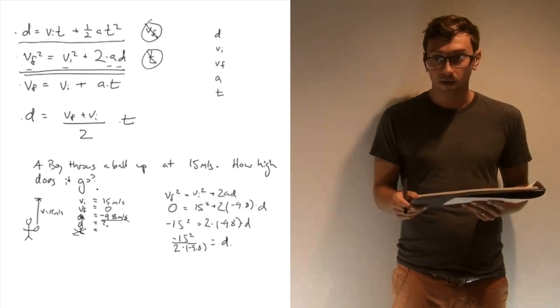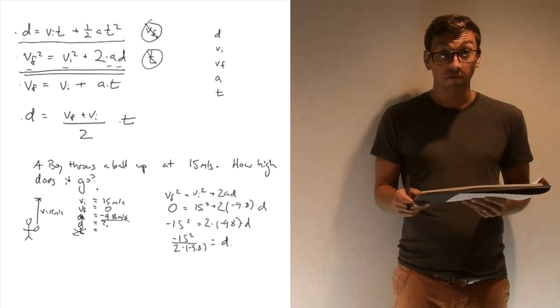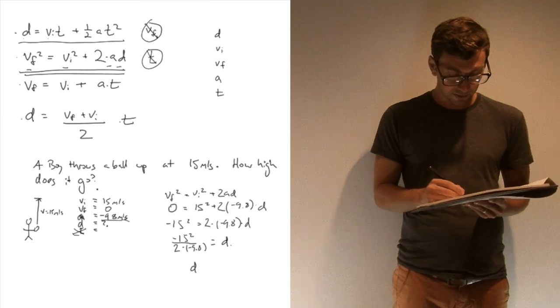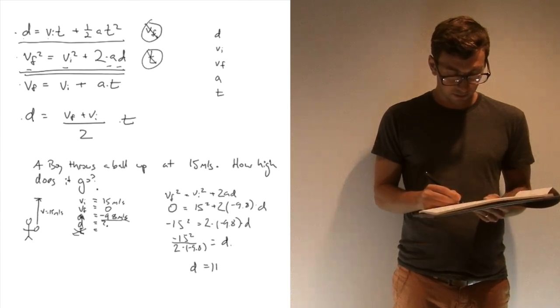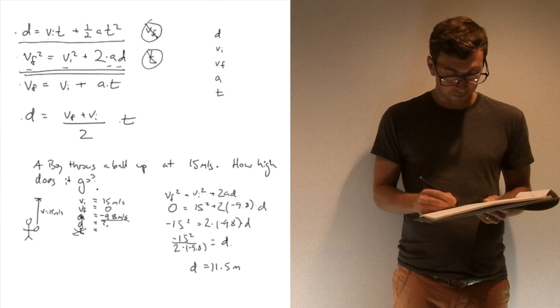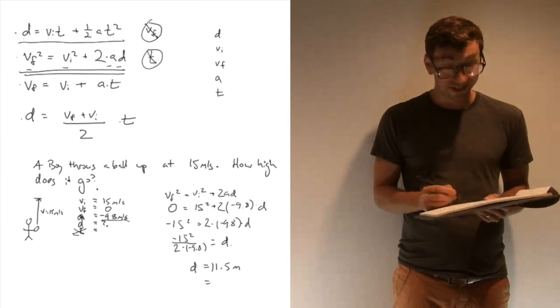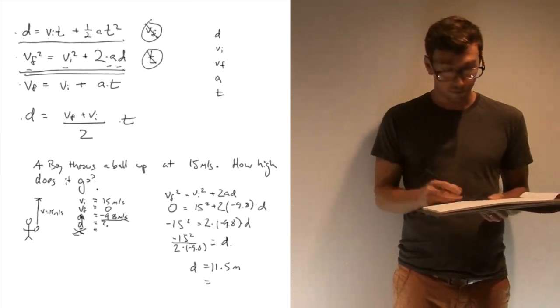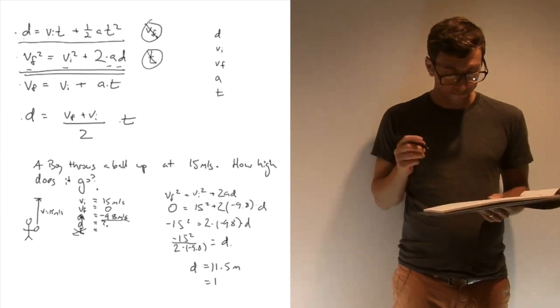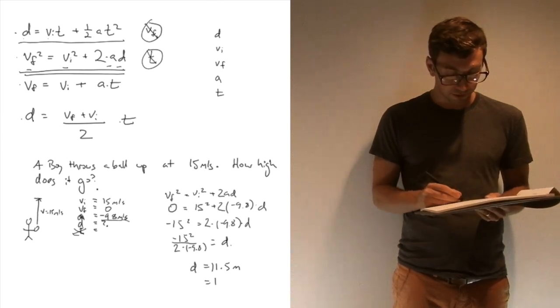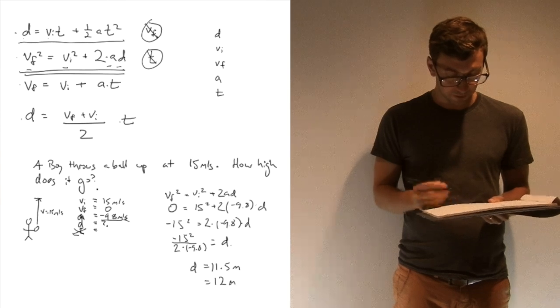Now we've got to throw that into our calculator, and after we put that into a calculator, we get the distance is 11.5 meters. And I should probably make this 2, not 3 places of information, so 12 meters.